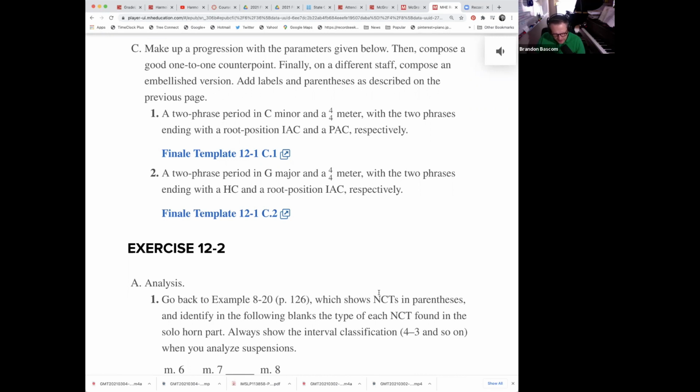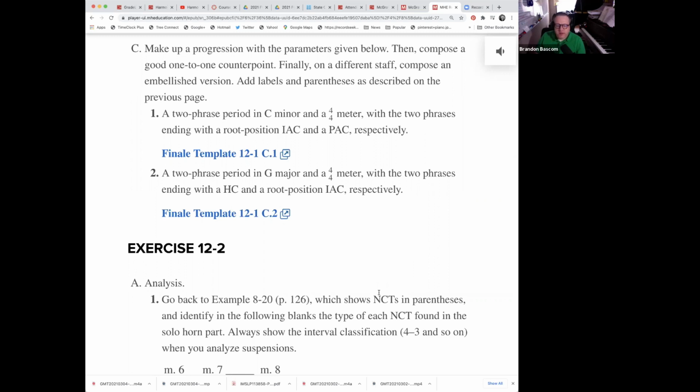Finally, on a different staff, compose an embellished version, add labels. Can we scrap C? Is that all right? I think if we do 91, A and B, you're getting the experience of embellishing stuff.